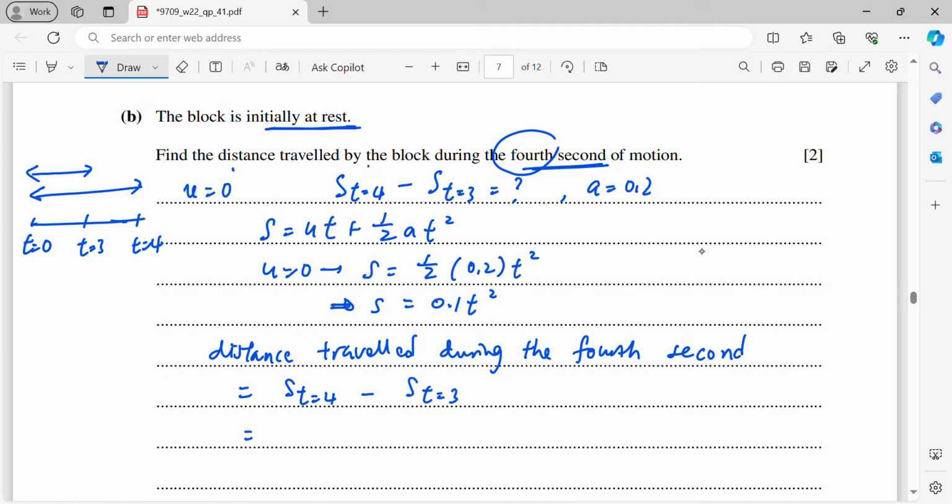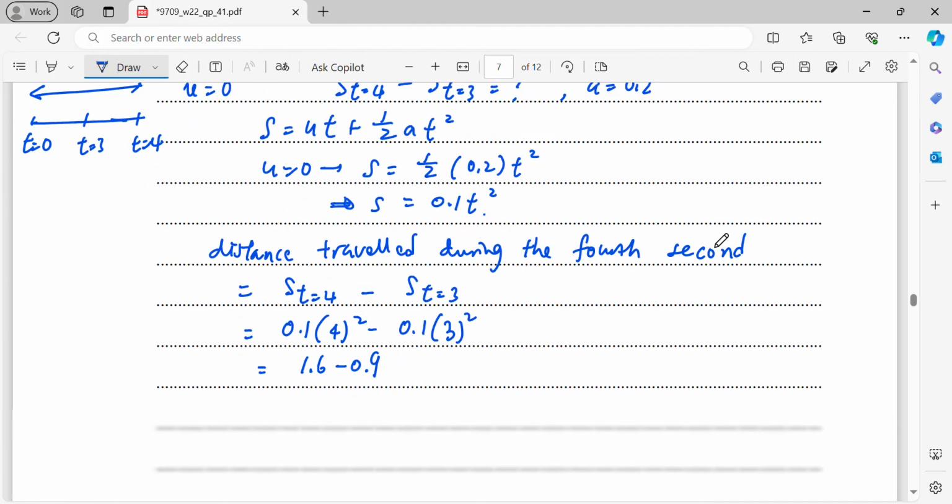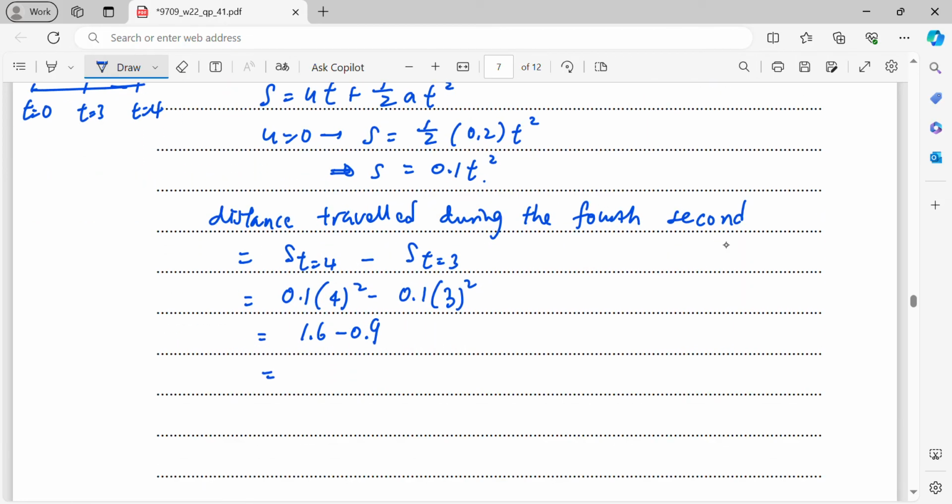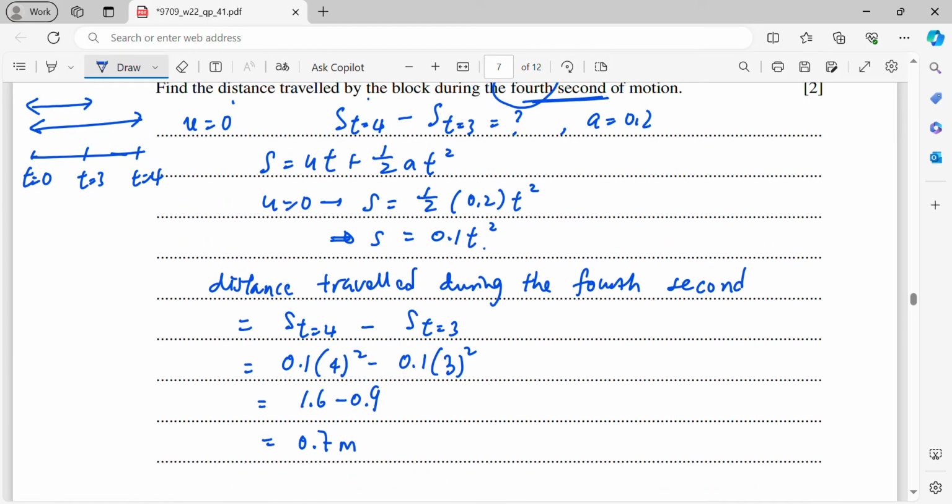So now just replace the T by 4 and 3. So I get 0.1 times 4 squared minus 0.1 times 3 squared. That is going to be 1.6 minus 0.9. Then at last you will be getting 0.7 meters. So that is the requested distance.